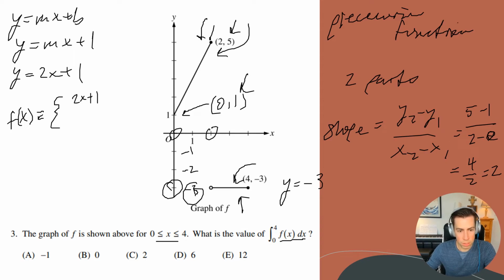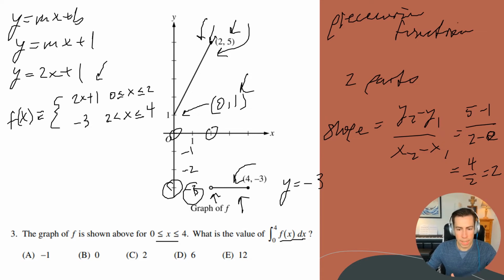You see how this is filled in? That is the domain of this function, so whenever x is greater than or equal to 0 and less than or equal to 2, this function holds true. And the last one, -3, is true whenever x is greater than 2 but less than or equal to 4.